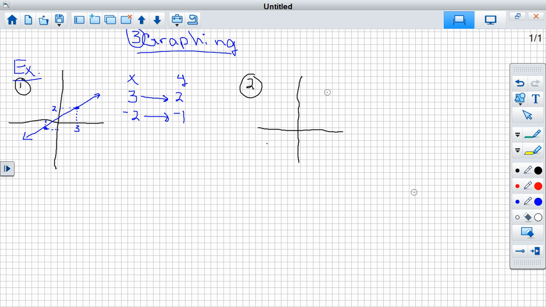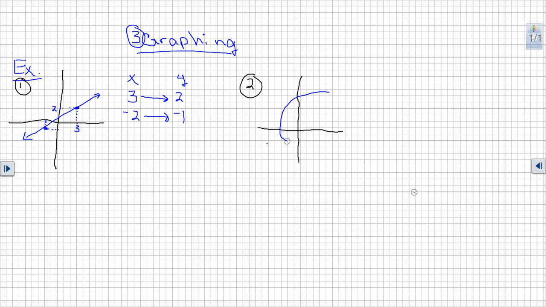Let's do this for a shape. Let's pick any x value. Let's pick an x value of 1. So I was going to do a mapping. My x would be a 1. On this dotted line that I'm drawing, x equals 1. There's a point right here on the graph where x is 1.